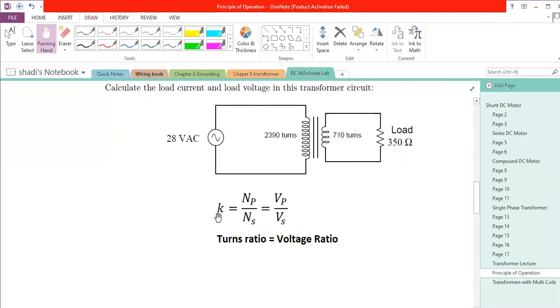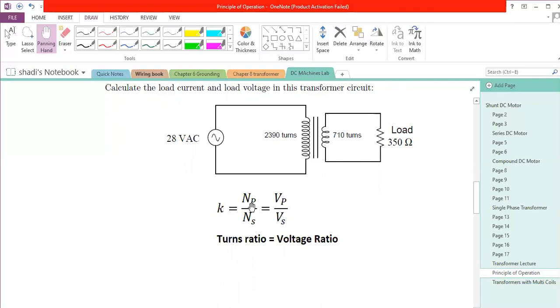And the ratio is usually called K, some others call it A, some call it N, and so on. It depends on the book, so it is like a notation. I put it as K, a constant. The turns ratio is the number of turns at the primary, P stands for primary, S stands for what? Secondary.